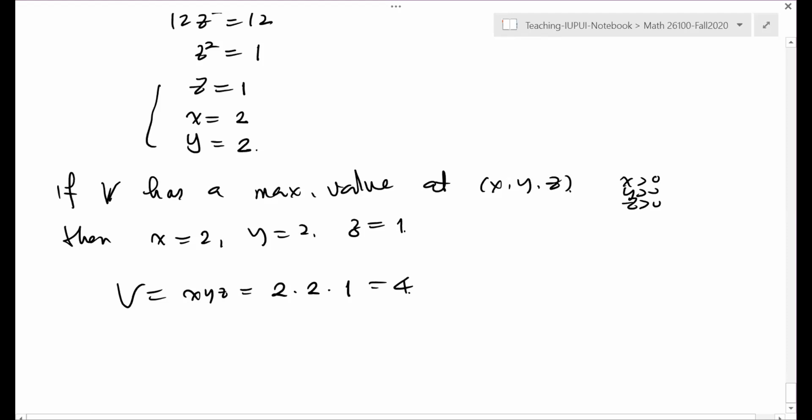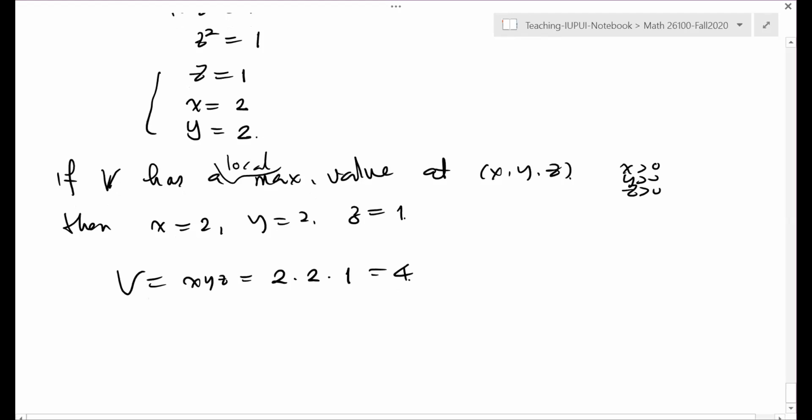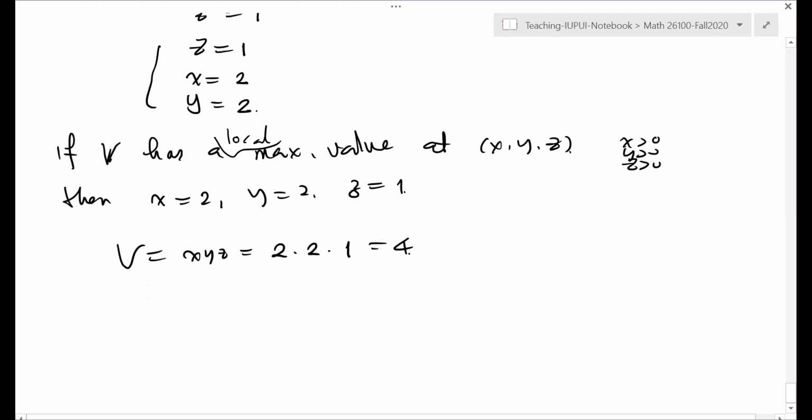Okay. So if the function has a maximum value, I just say a local maximum value, and this must be the absolute maximum value of the function. Yeah, this must be the absolute maximum value, because it's common sense, right? If you have a rectangular box, and its surface area is fixed, you cannot make the volume as large as you want.